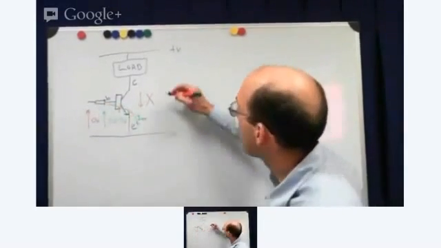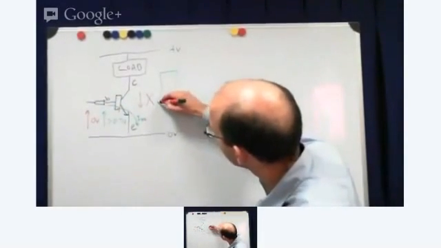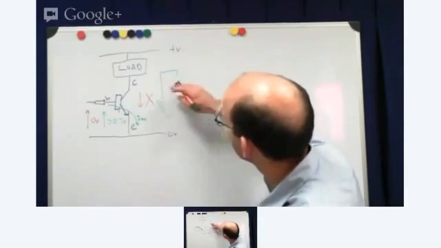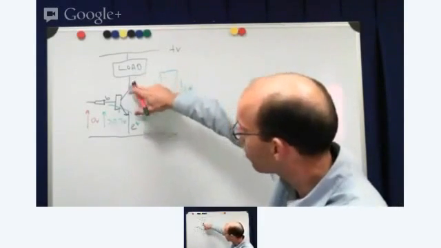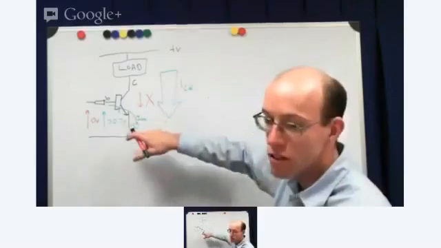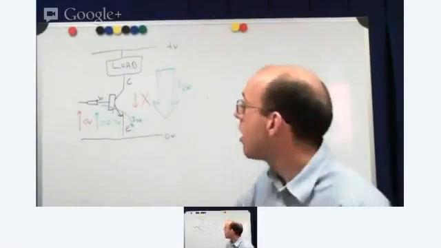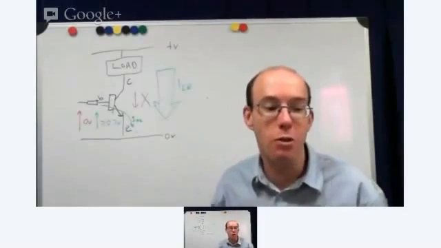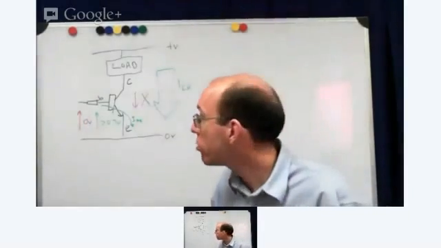And as that current flows, a much larger amount of current flows through the collector and down into the emitter of the transistor. And as that happens, this load, whatever that might be, a lamp, a motor, will turn on.